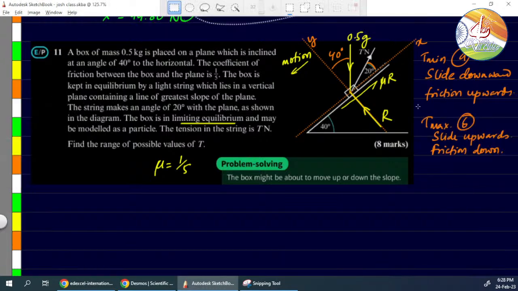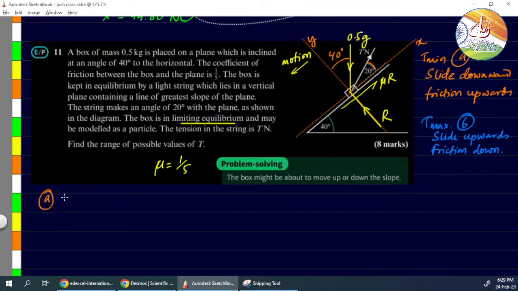So let me change the color of this. Okay, so first let's go with a bit. It's sliding downwards, so the friction is upwards and tension is minimum.